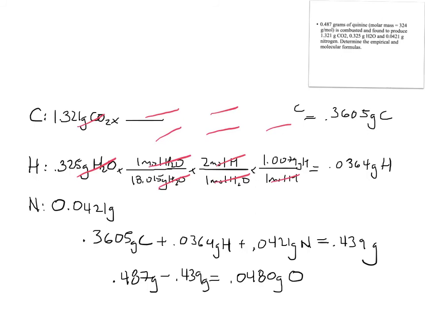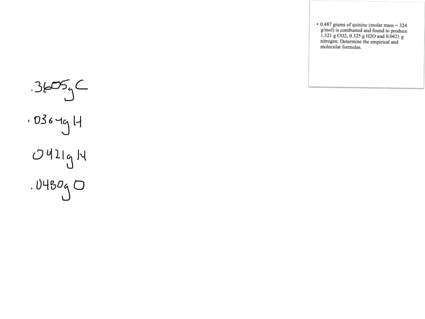So there we go. We now have the 4 pieces: 0.3605 grams of carbon, 0.0364 grams of hydrogen, 0.0421 grams of nitrogen, and 0.0480 grams of oxygen. We can now convert those into moles, divide by the smallest, figure out our empirical formula. From there, figure out the molecular formula. So here are our 4 different pieces, and we're going to convert all of those into moles using some basic stoichiometry.